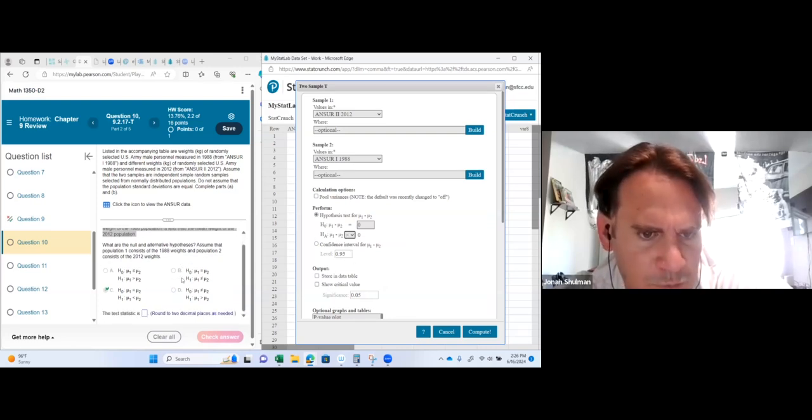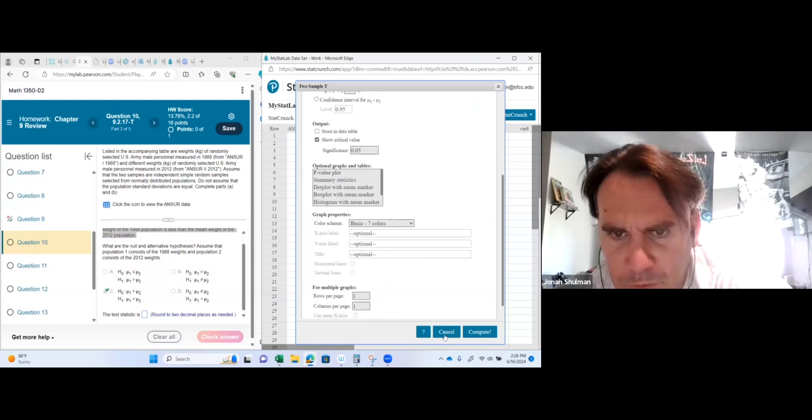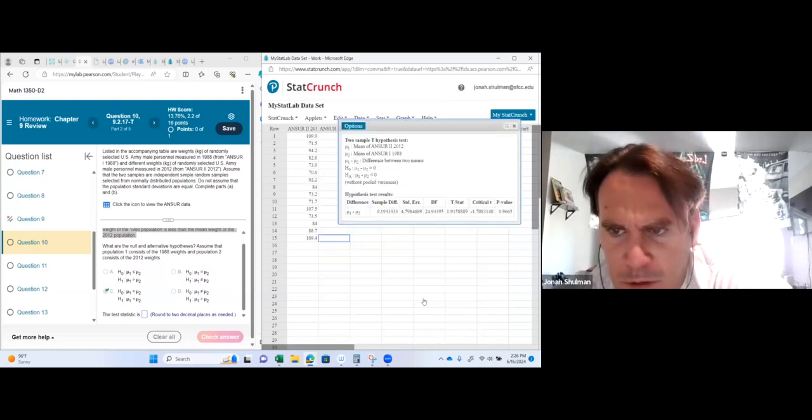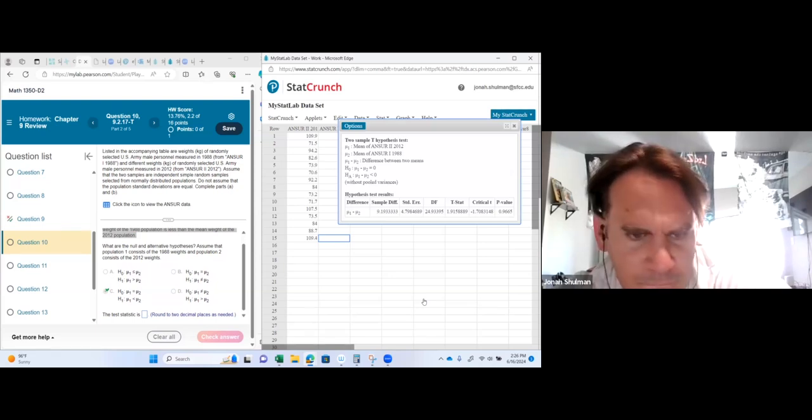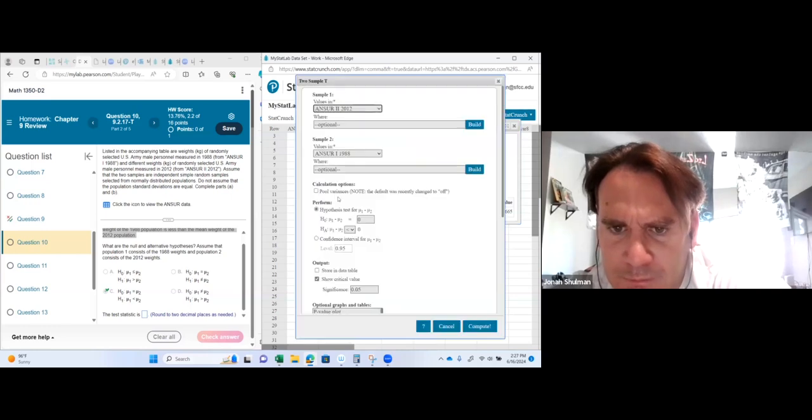And we want this at what percentage? They don't give it to us. When they don't give it to us, I would just use 0.05. All right. We got a T statistic of one. Oh, I didn't pull the variance.